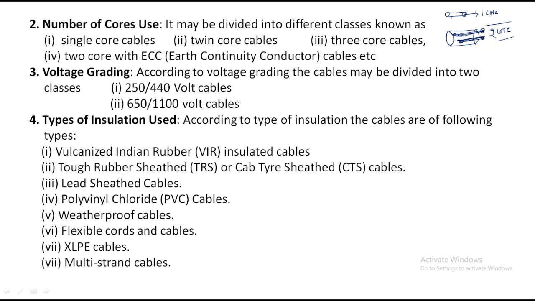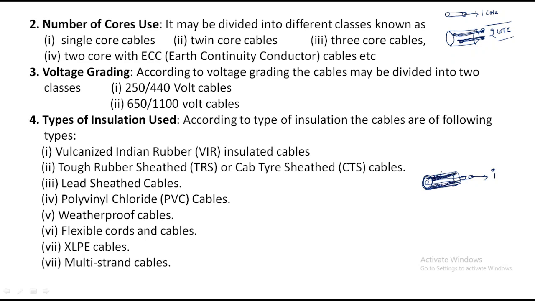Why is it called a core? Generally a wire consists of one wire with a core inside. Here the most important thing is this is the conductor, and from this only the current will travel, but this complete outer part is insulation.